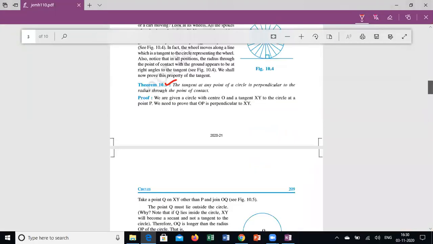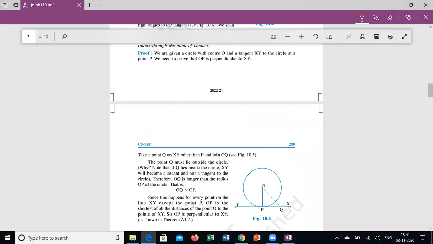What he has done here: he considers a circle with center O and draws a tangent XY, touching at a point P. He took some other point Q on XY other than P. So Q must be outside the circle.